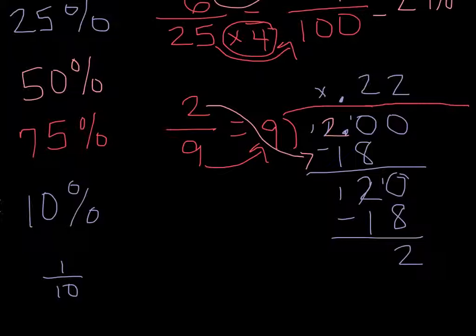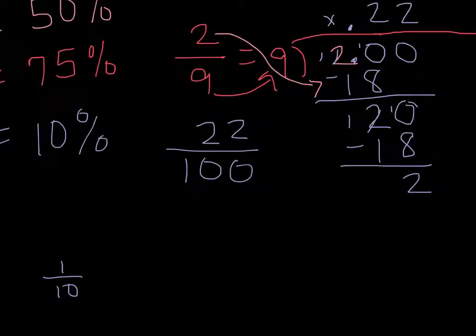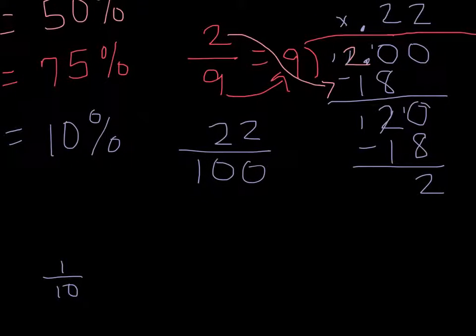Once we get to the hundredth spot, so here we have our tens and our hundredths, we can use this number to make it a percent. 22 hundredths is the same thing as 22 over what? 100. It is 22 hundredths. 22 hundredths can be written as 22%.